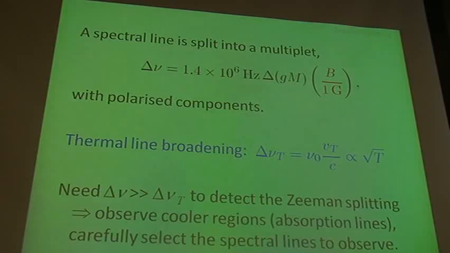The first confident detection of the Zeeman effect in the interstellar medium was done in the early 70s. And it took 8,000 hours of observing time to make this detection. 8,000 hours of what? 100 hours is roughly 4 days, 1,000 hours is 40 days, and 8,000 hours is more than half a year.